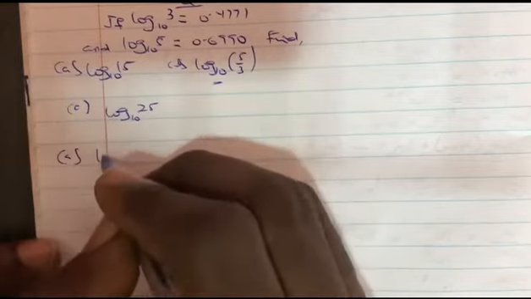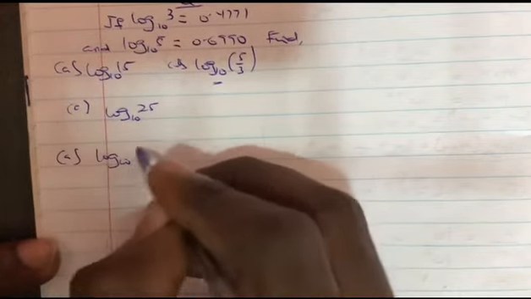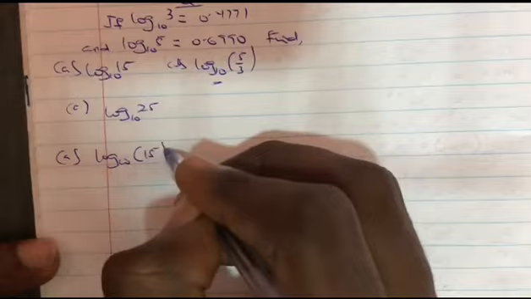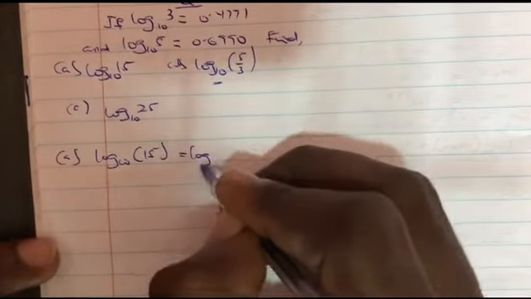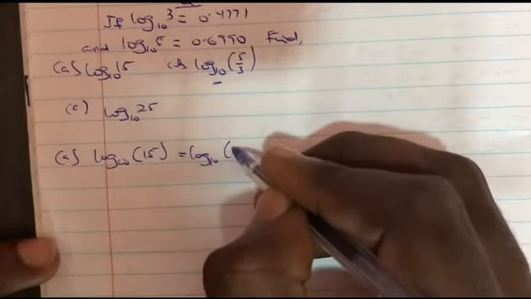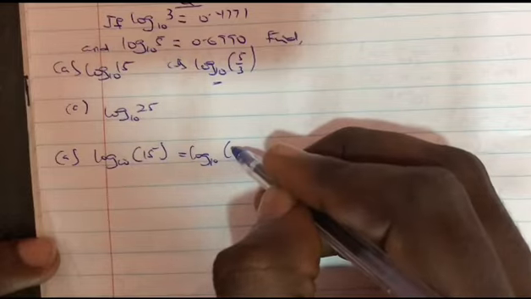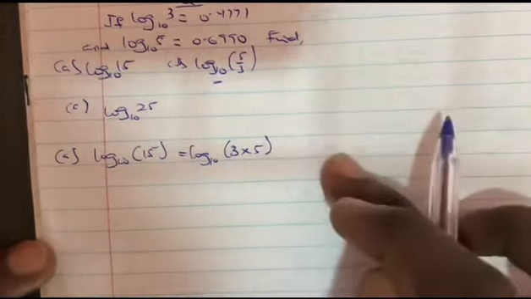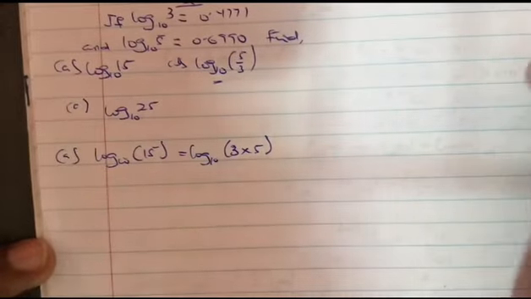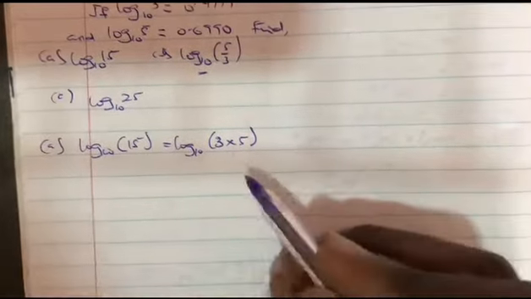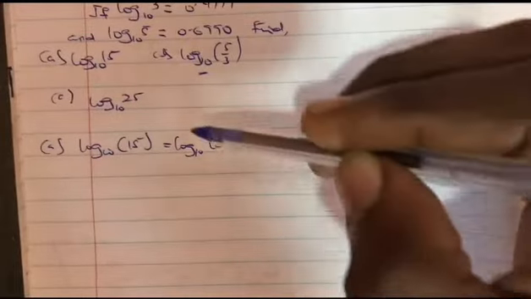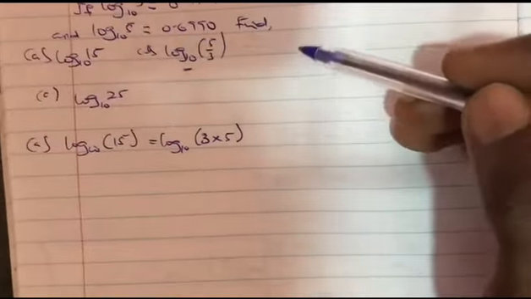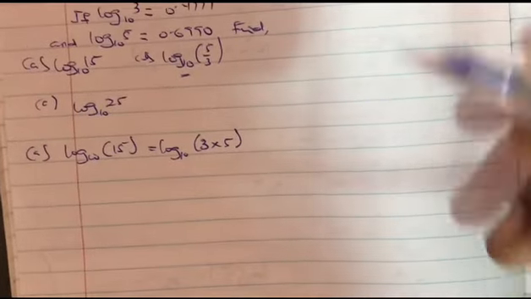So log of 15 is the same as log of, we know that multiplying 5 by 3 gives 15, right? Or 3 by 5. And this, we can go back to the rule which states that log of m times n to the base a is equal to log of m to the base a plus log of n to the base a.